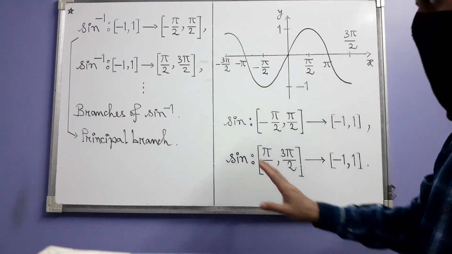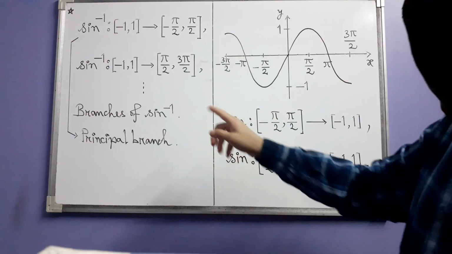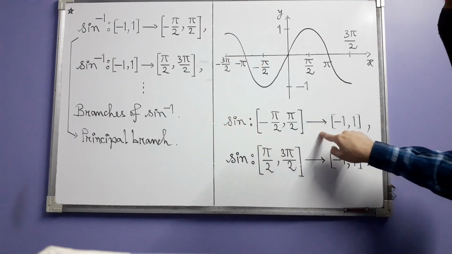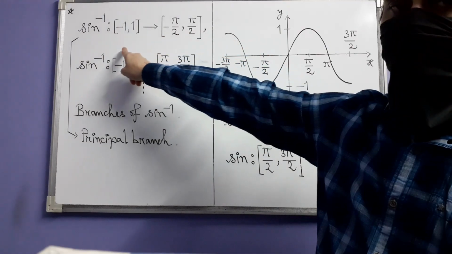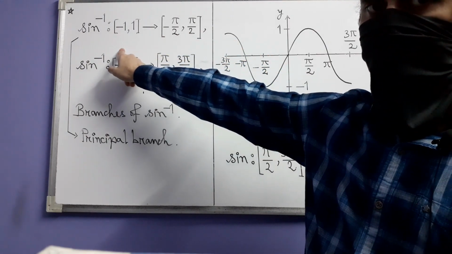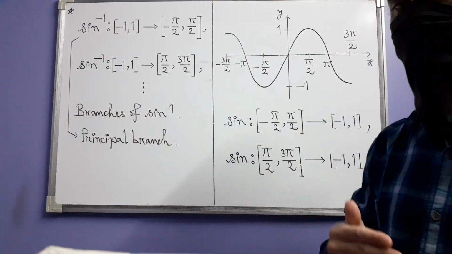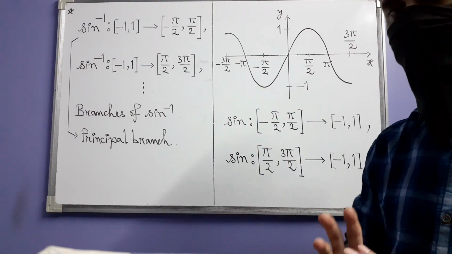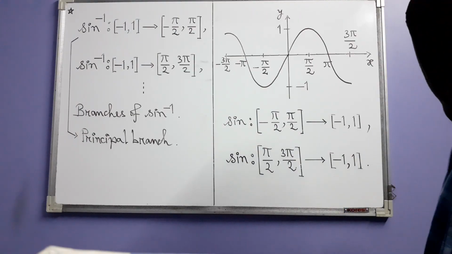Now if we write what these inverses are, they look like this. Sine inverse, I mean if you think of the inverse of this function, the domain will be this one, the closed interval minus 1 comma 1, and the range will be this one. The domain and range get swapped when you consider an inverse of a function for which inverse exists.